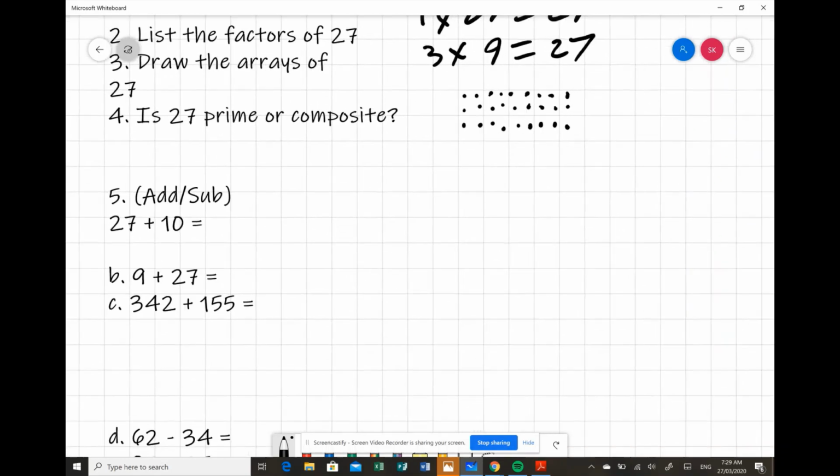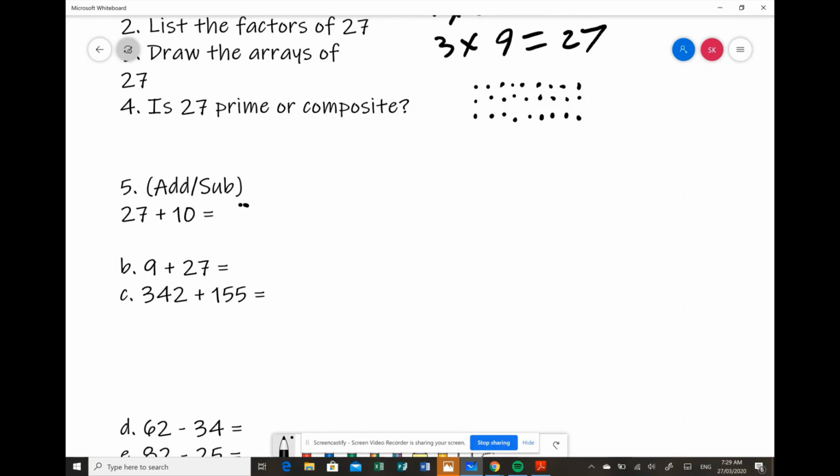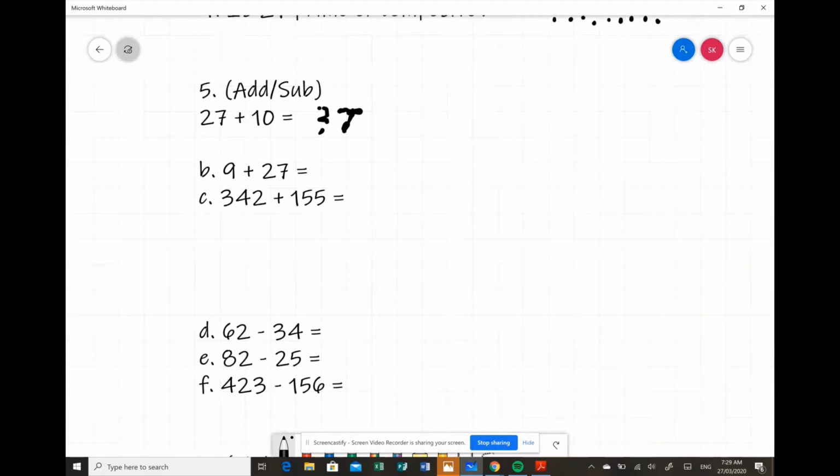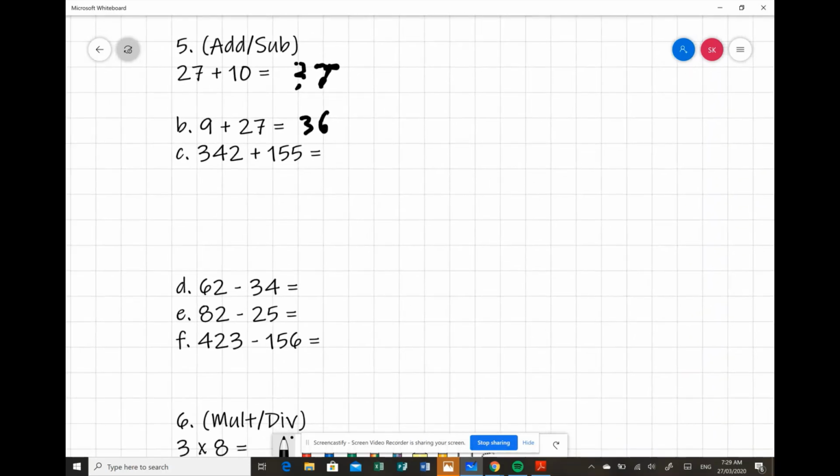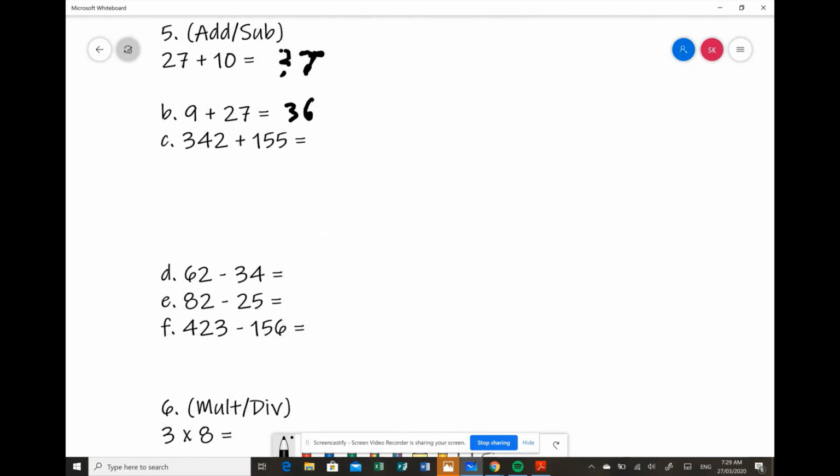Okay, for add sub, 27 plus 10 is going to be 37. And 9 plus 27 is going to be 36. Then we'll do an algorithm for this one.